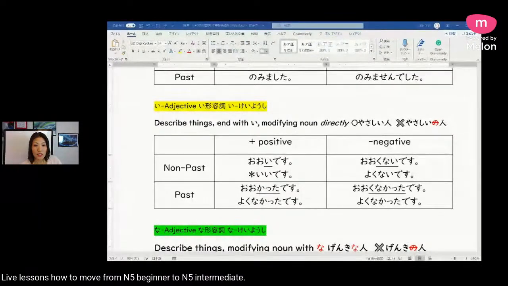Alright, so for いいです, non-past positive いいです, negative 良くないです.